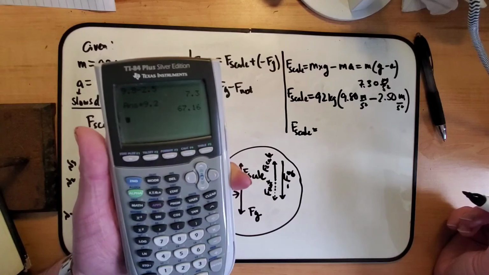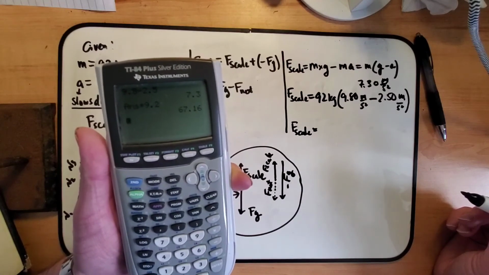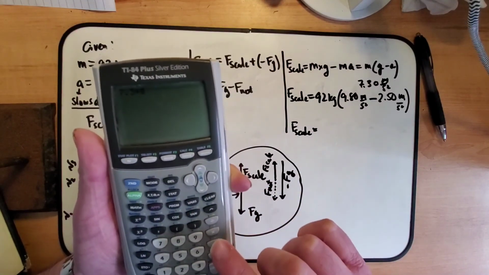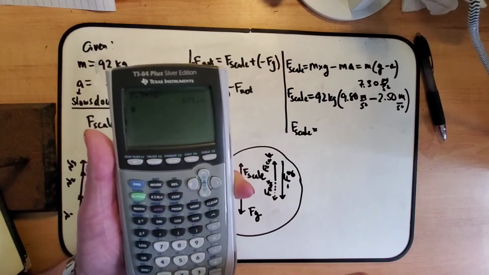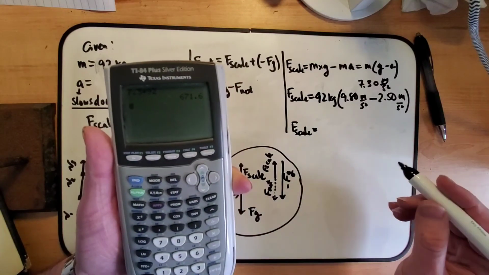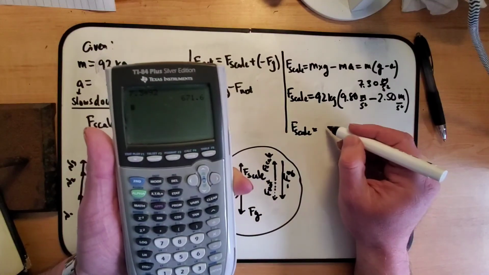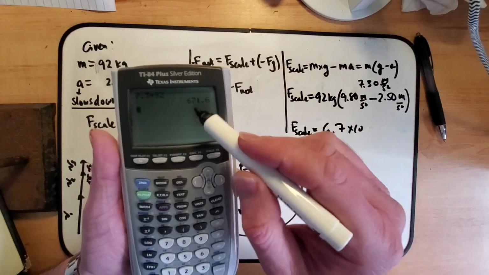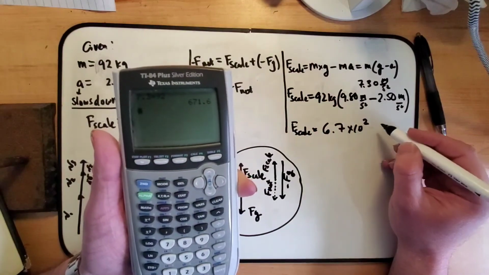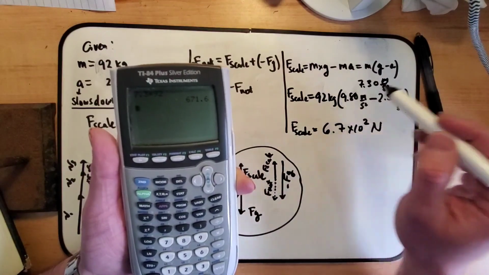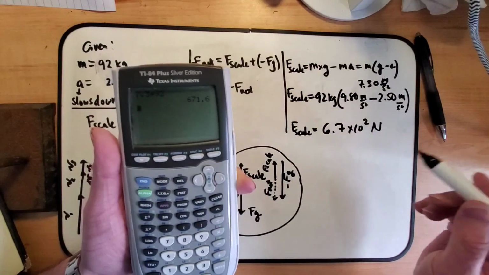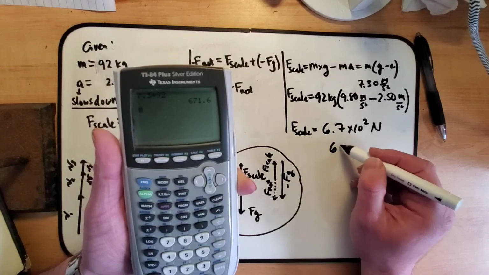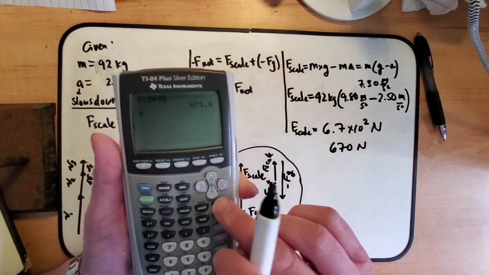And I got here a little weird result. Hold on, let me just make sure. Oh, I multiplied by the wrong thing, of course. 7.3 times 92. There you go. Now that makes sense. So I only have to report 2 significant figures. So this answer will be 6.7 times 10 to the positive 2 newtons. Again, because kilograms times meter over second square is nothing else but newtons. The other way you can represent this number is 670 newtons, and that will be the solution for this problem.